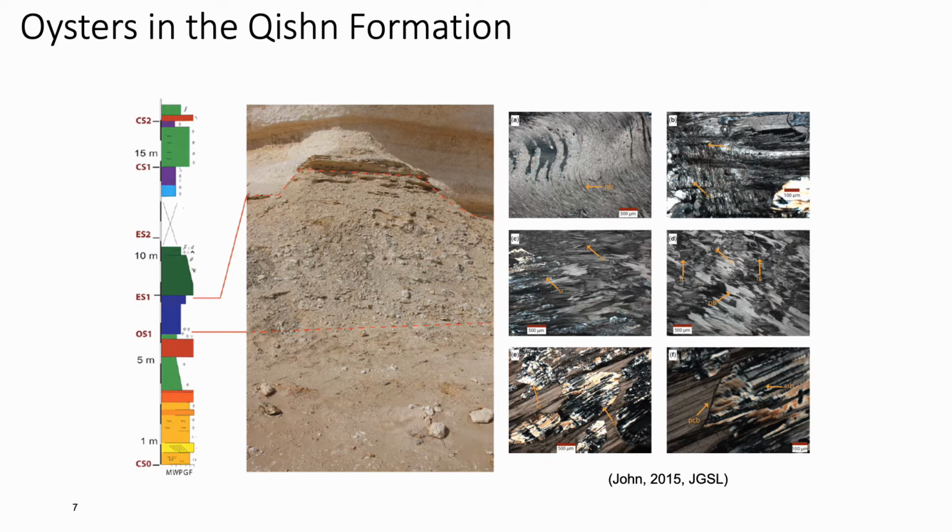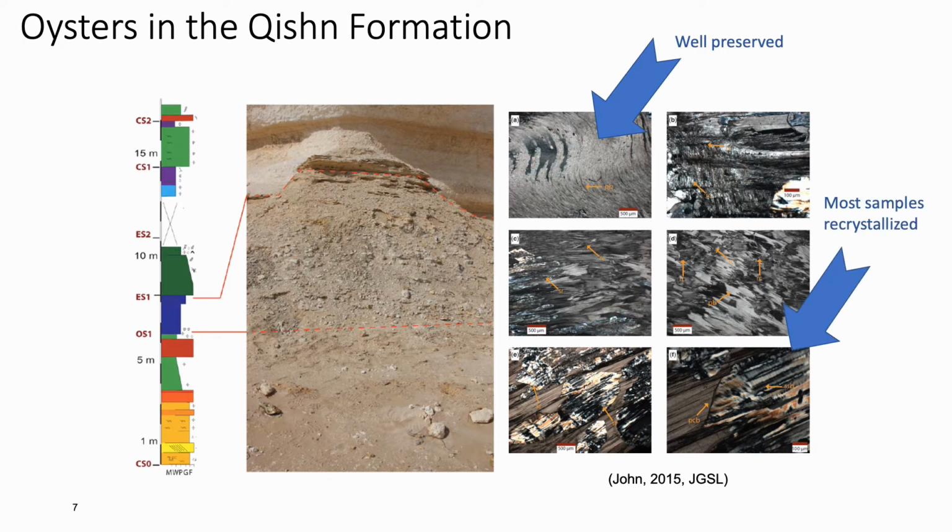A quick look at the thin section, however, revealed that although some of the oysters were relatively well-preserved, quite a few of the oysters were recrystallized. Actually, most of the oysters were recrystallized, and some of them also had some evidence of silicification. So a much more complicated diagenetic history.